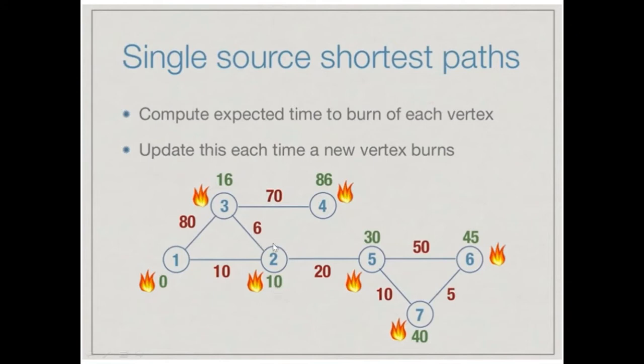What I'm trying to say here is, if the distance from 2 to third is less than this weight 80, then the distance of third will be updated as the distance of 2 plus the weight of the edge between 2 and third, that is 10 plus 6 equal to 16. So the minimum will be updated, and if there is no direct edge between them, then this weight will be updated.